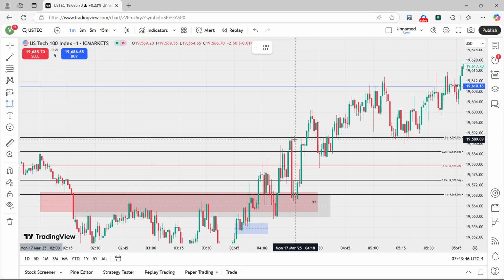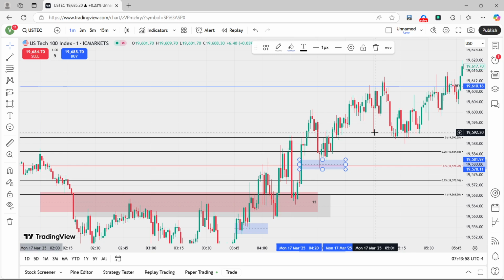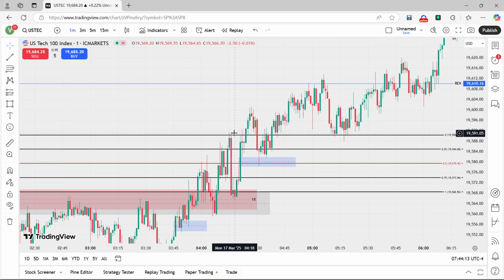It's probably a way for the market going up to catch the stops here in this area of relative equal highs. And look how it reacts beautifully after taking this high, which is just a little bit above the midnight opening range high.